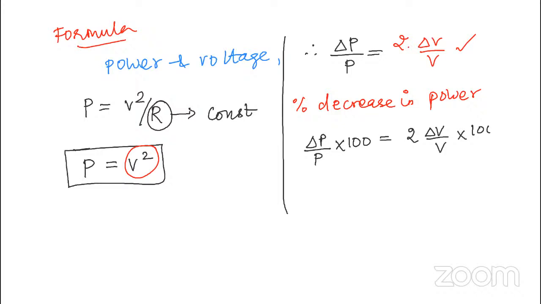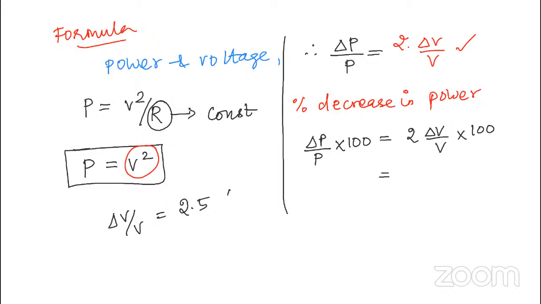Okay, so already we know the formula. What values are given in the problem? The voltage across the bulb is rated 220 volts, and the voltage drop given is 2.5%. So the value of delta V divided by V is 2.5%.